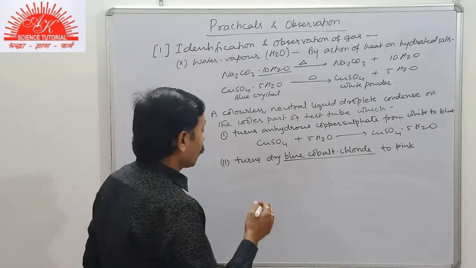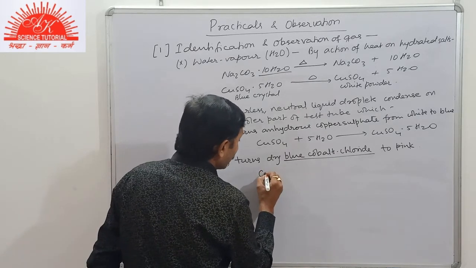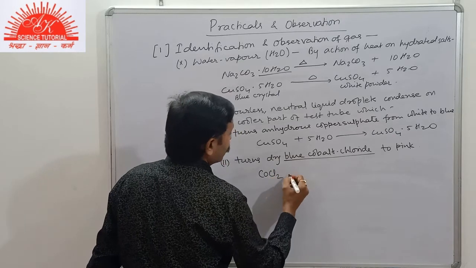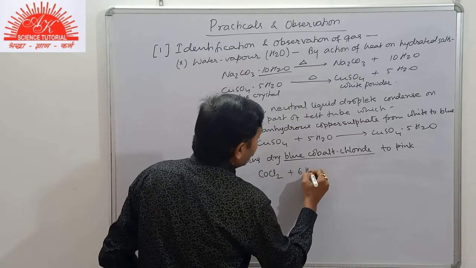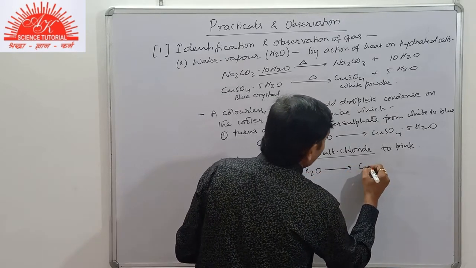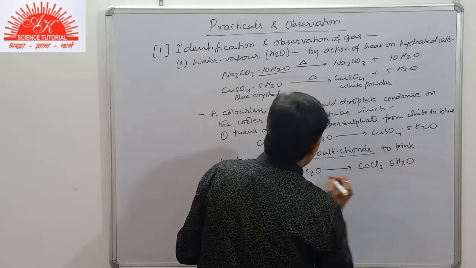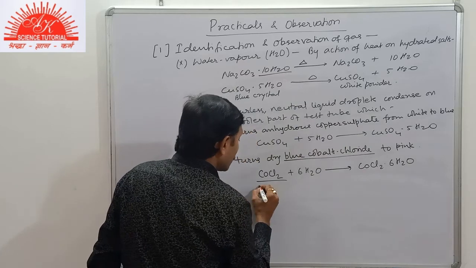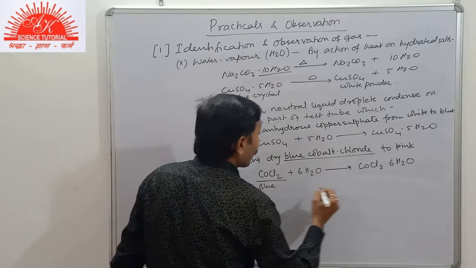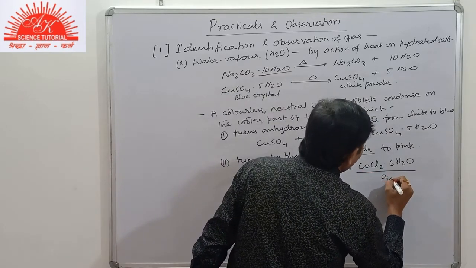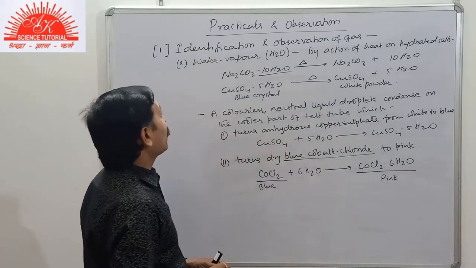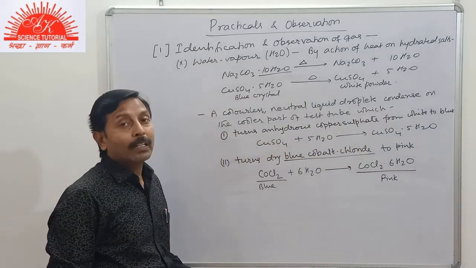This is a test for water. Now cobalt chloride, CoCl2 plus 6H2O. It gives CoCl2.6H2O. Now when it was dry, it was blue and now it turns pink. So this was the test for water vapor.